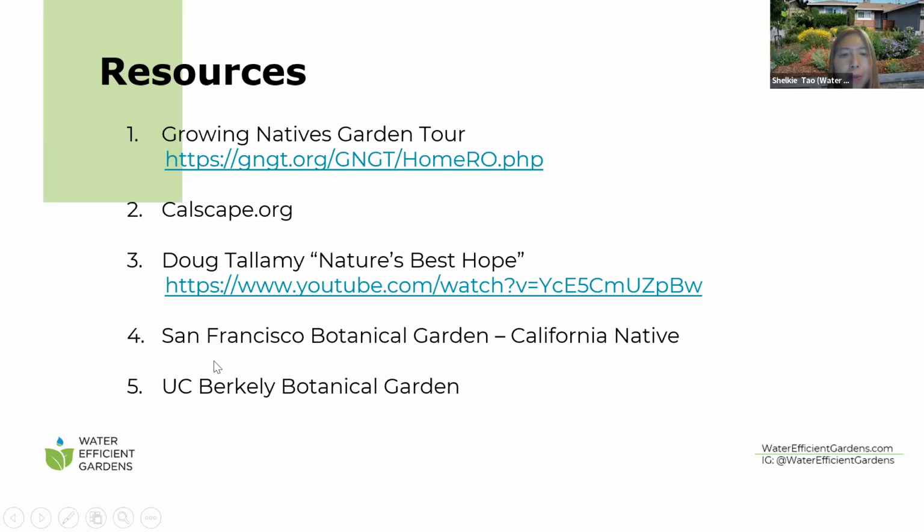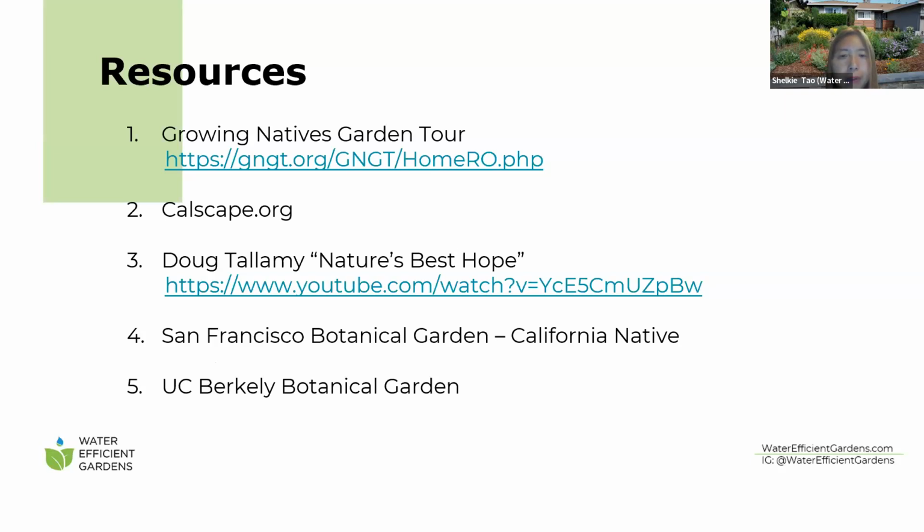San Francisco Botanical Garden has a dedicated California native park. There you can also see many native plants, a lot of which you might not be able to see in our neighborhood. But there you can see many different types of native plants.